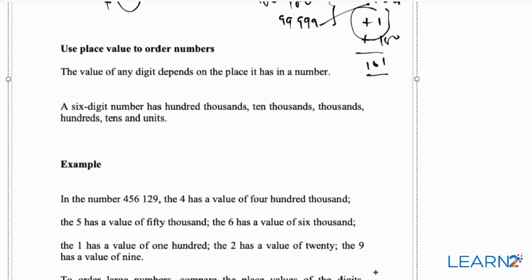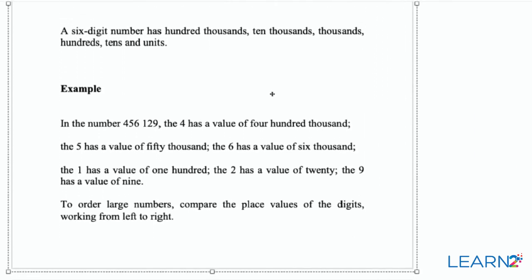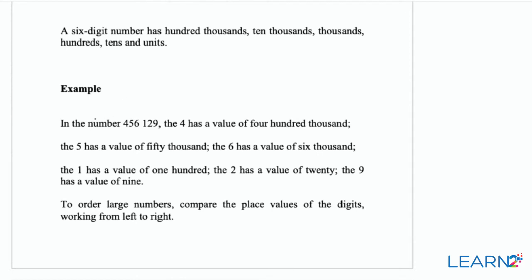Okay, let's go and take a look at this next concept. If we look at the number 456129, what is that number? That number is 456,129. What is the 4? They often ask you, what is the value of a digit in a number? Well, the value of the 4 in this 456129 is 400,000.